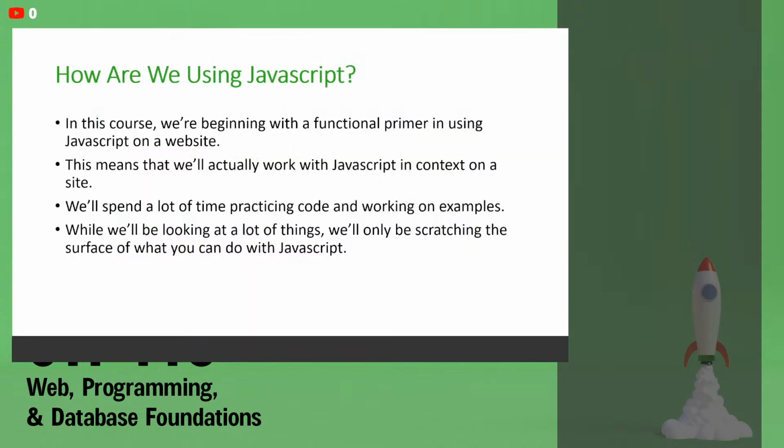And so as we're getting started here, I think it's important to talk about just exactly how we'll be using JavaScript. And I like to teach JavaScript at this level as what I like to call a functional primer.